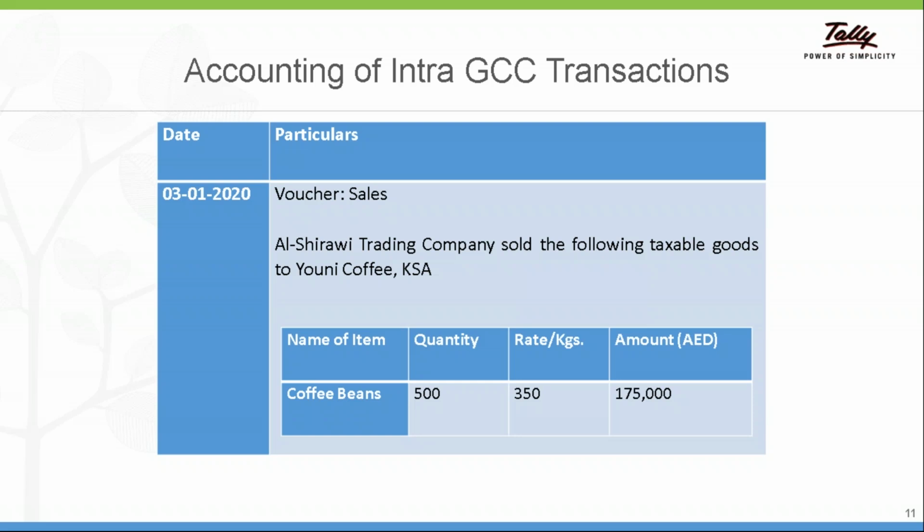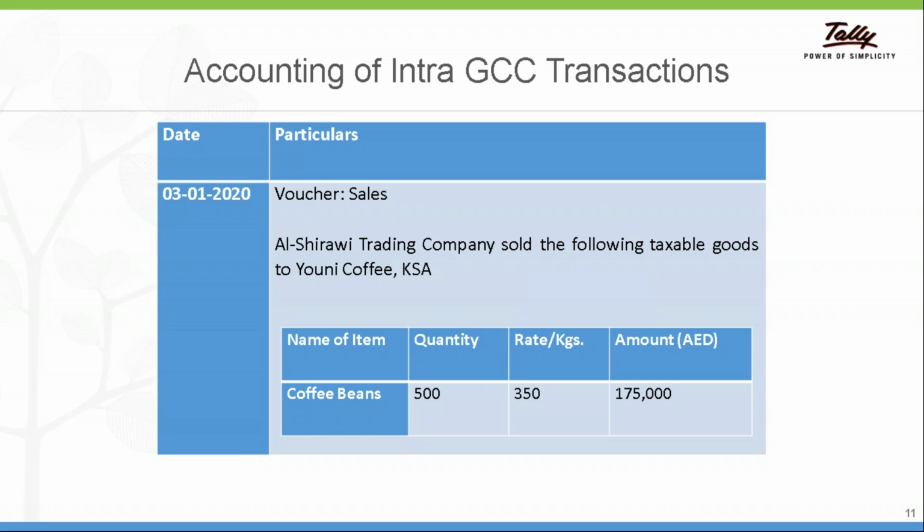As on 3rd Jan, Al Shirawi Trading Company sold the following taxable goods to Yoni Coffee KSA, Kingdom of Saudi Arabia. In order to record this transaction, we require two ledgers to be created: one is Yoni Coffee and the other is the intra-GCC sales ledger.